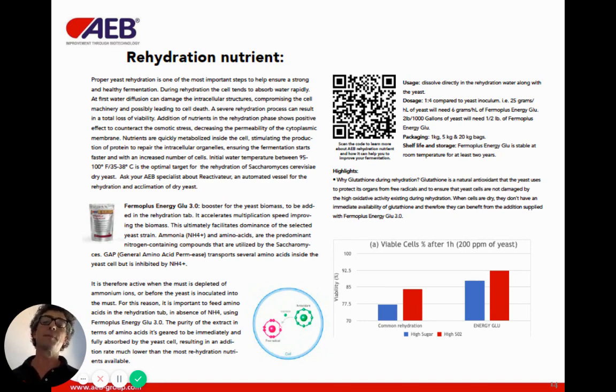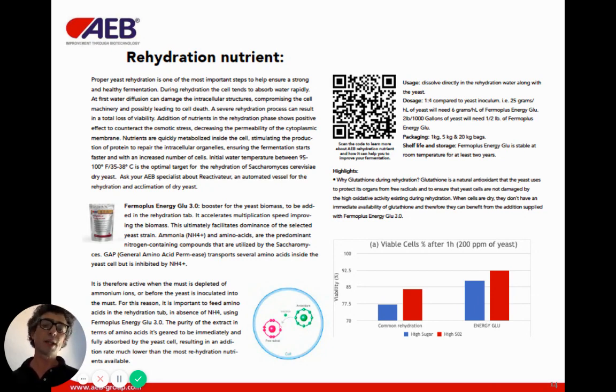You will need just 1 part of this for 4 parts of yeast. Say you're using 2 pounds of yeast for your fermentation, you need half a pound of this nutrient, called Thermoplast Energy Glue 3.0. Glue stands for glutathione. In this phase, the yeast is literally bombarded with oxygen, and this can start free radicals that will damage organelles, especially the mitochondria.